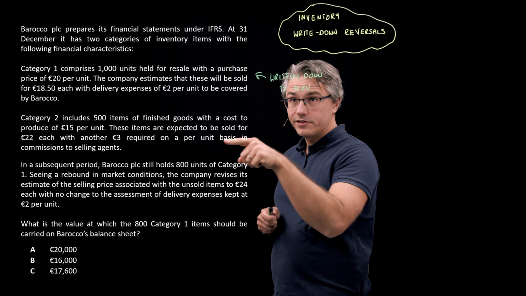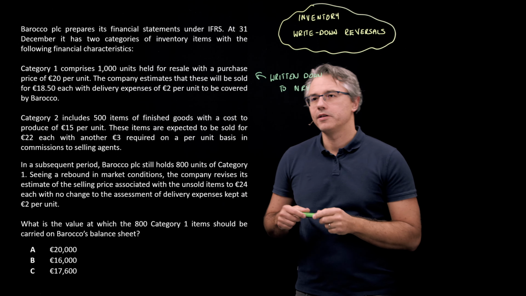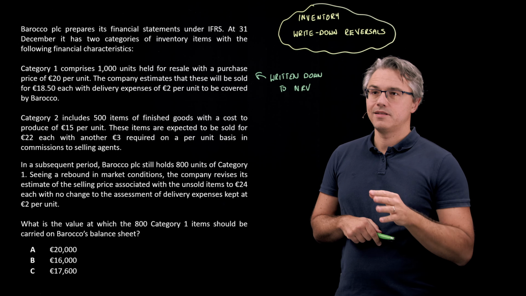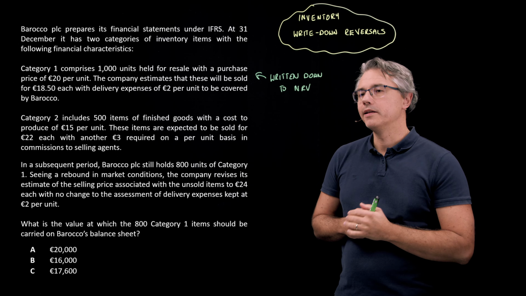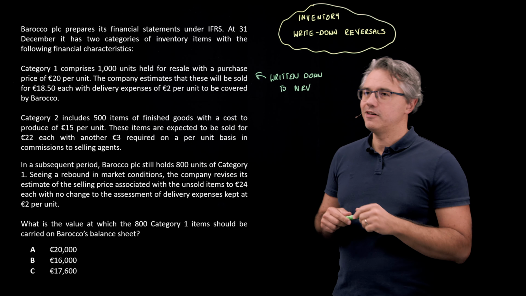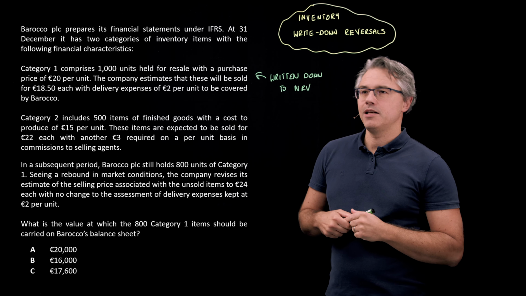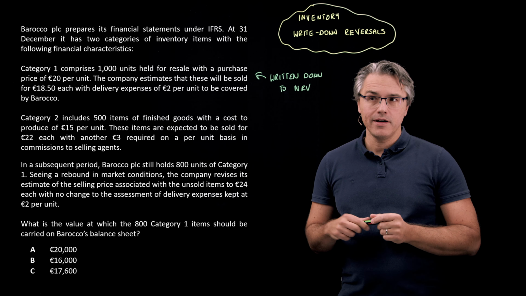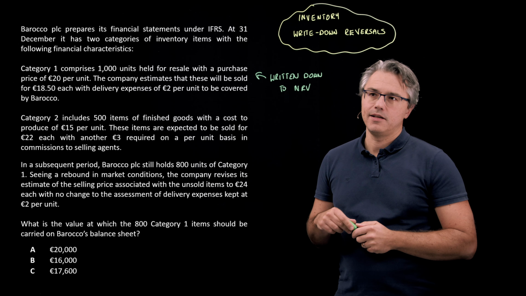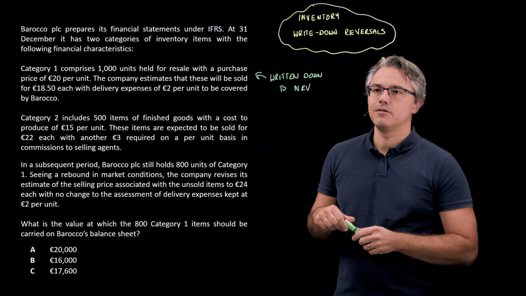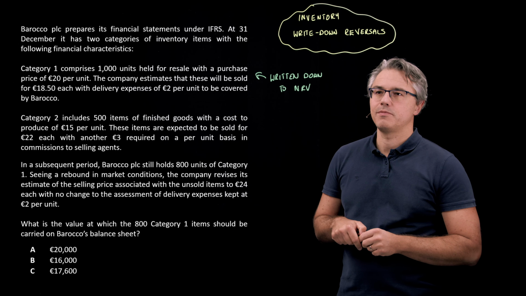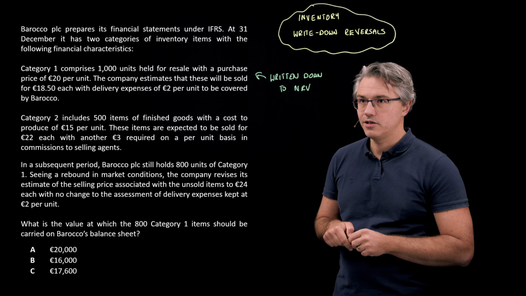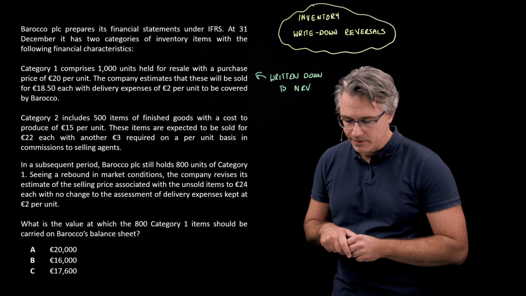Now, we're told that in a subsequent period, Baracco plc still holds 800 units of category 1, the one I just highlighted over here. Seeing a rebound in market conditions, the company revises its estimate of the selling price associated with the unsold items to 24 each, with no change to the assessment of delivery expenses kept at €2 per unit.